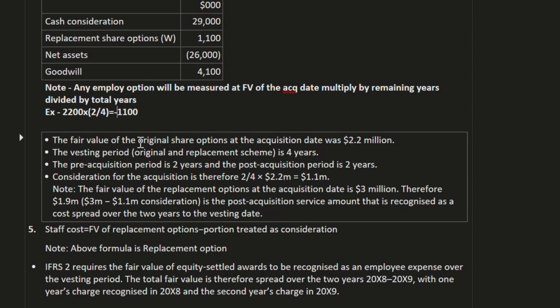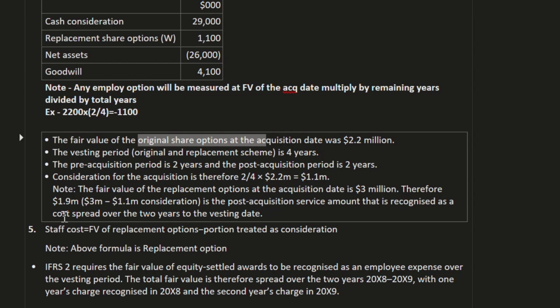Vesting period is 4 years. In the original and replacement scheme, the pre-acquisition period is 2 years and the post-acquisition period is 2 years. Consideration for the acquisition is therefore 2 divided by 4 multiplied by 2.2 equals 1.1 million.